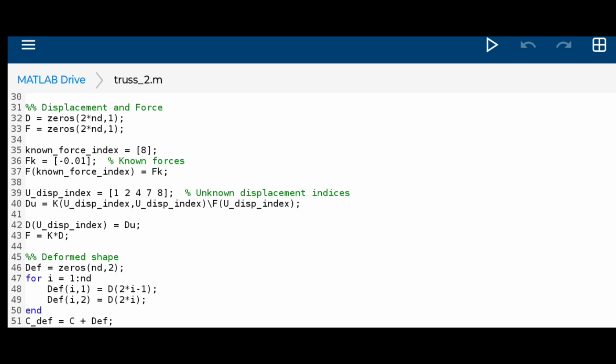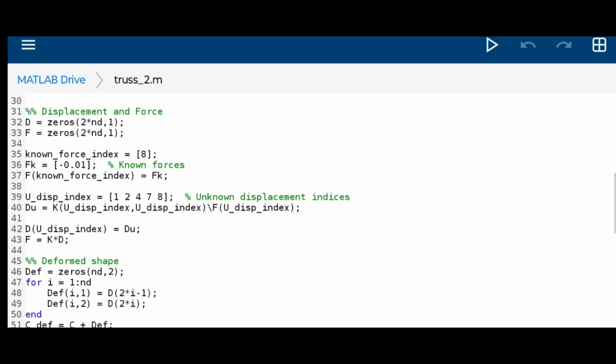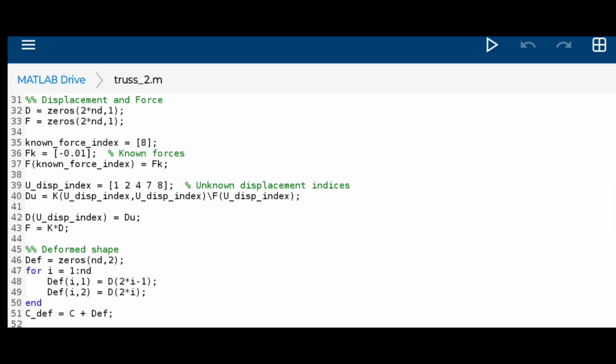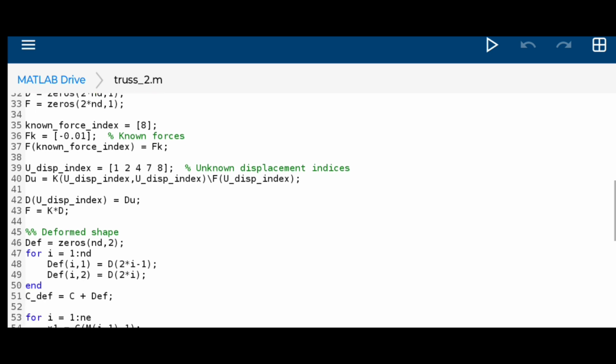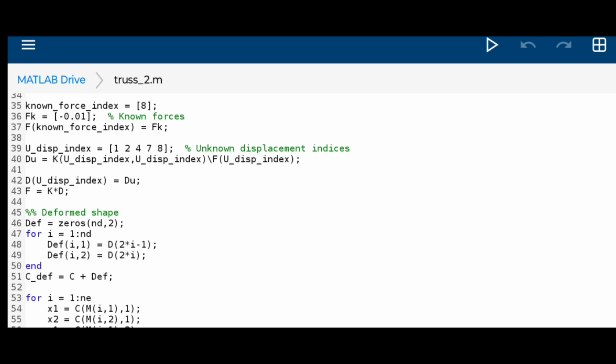Then we will also have the unknown displacement indices. As I have already shown you in the problem, the second node is the roller support and the third node is the pin joint. At the pin joint the displacements are zero, and at the roller the horizontal reaction is there, so therefore we will get these displacement indices.